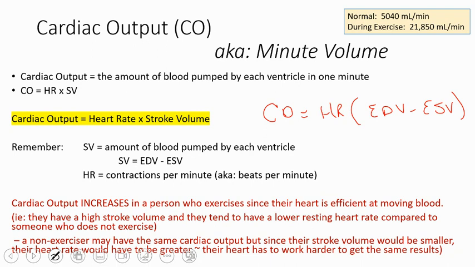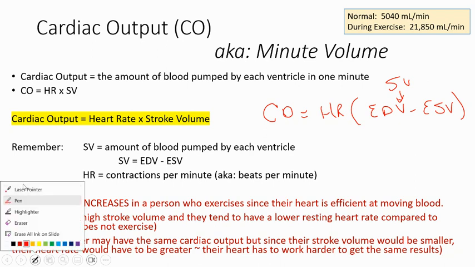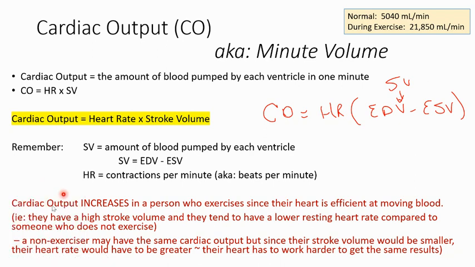All I did was replace stroke volume with the formula for stroke volume. So be careful about that one. Just letting you know, there's a formula within a formula here.